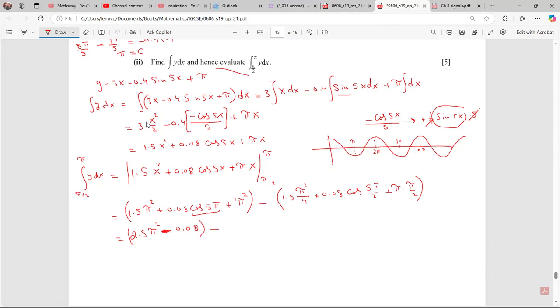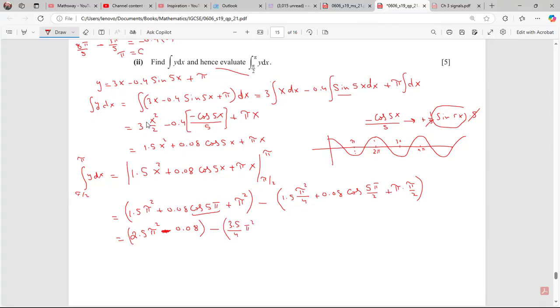Now here, this is also pi square by 2. So this is half and this is 1.5. So it all comes out to be, I did this calculation, it is going to be 3.5 over 4 pi square.